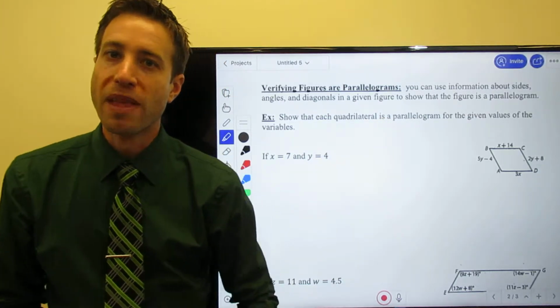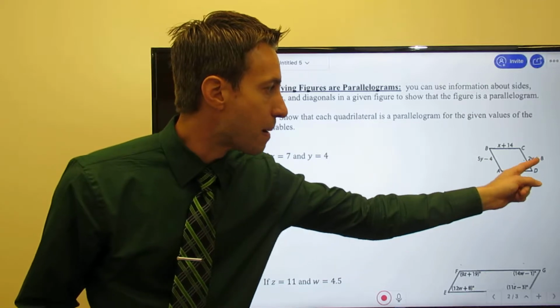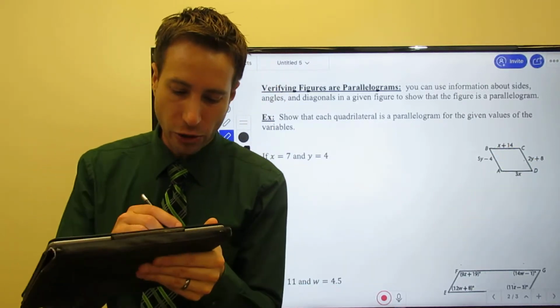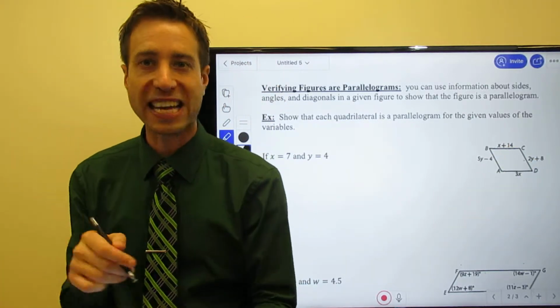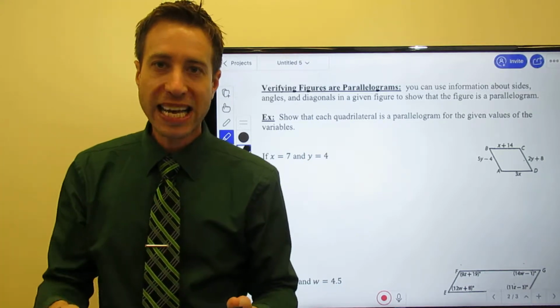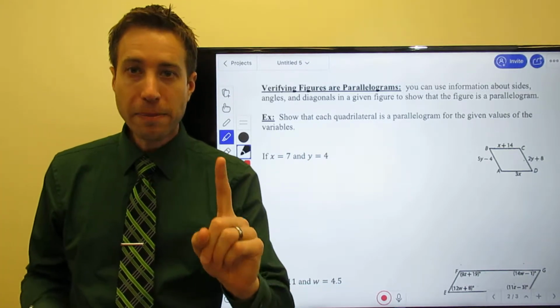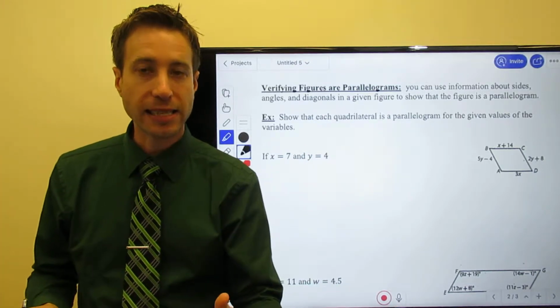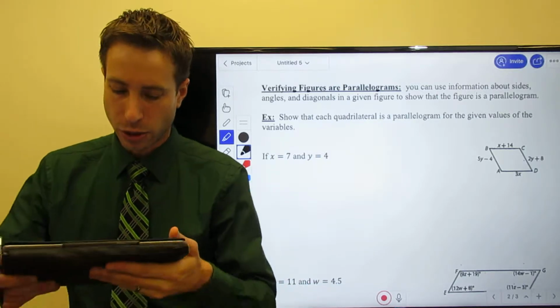I have given you some information about the sides of a parallelogram, and you'll remember from the previous page that the criteria is that one pair of opposite sides must be congruent.